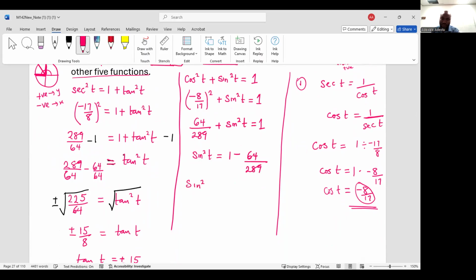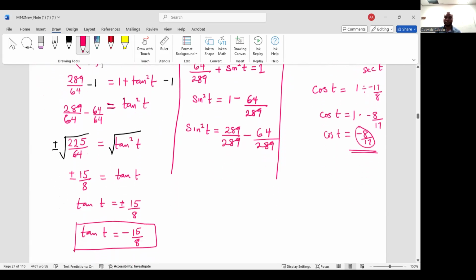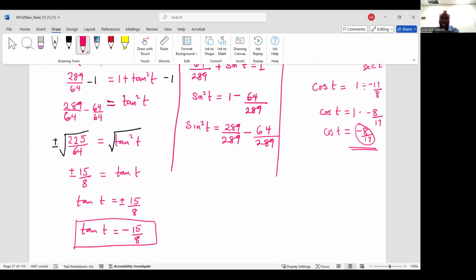I can rewrite my 1 as 289 divided by 289 because I want it to have the same denominator. So sine squared of T equals 225 divided by 289.